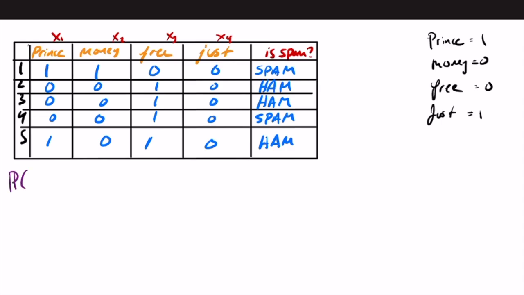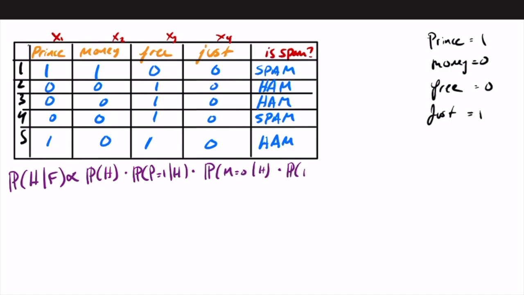So the probability of ham given our features is going to be the probability of ham times the probability of prince equals 1 given ham, times the probability of money equals 0 given ham, times the probability of free equals 0 given ham, times the probability of just equals 1 given ham.